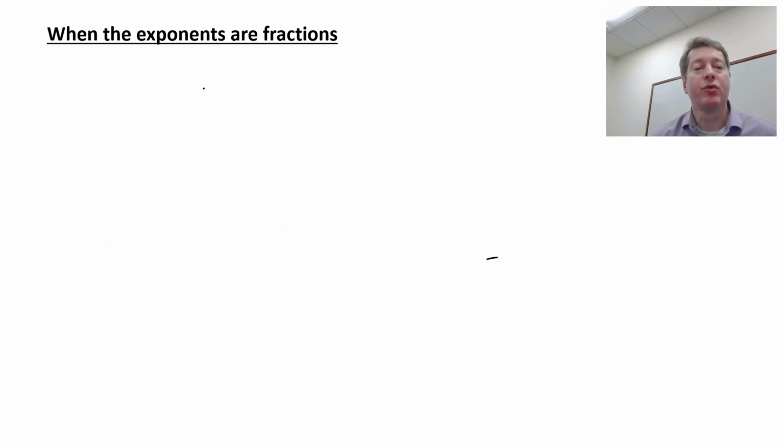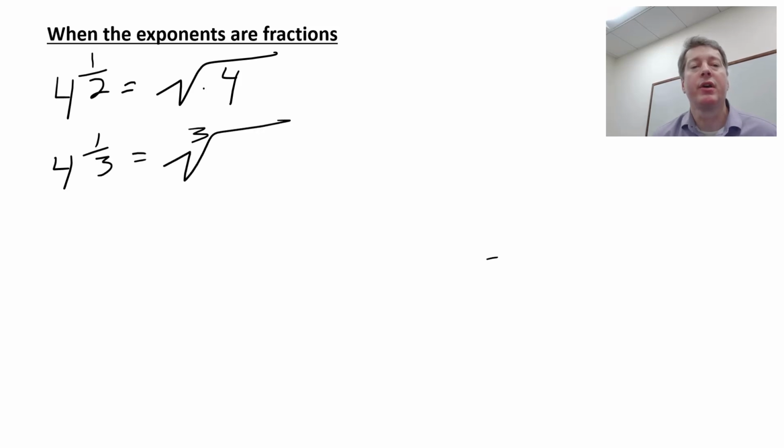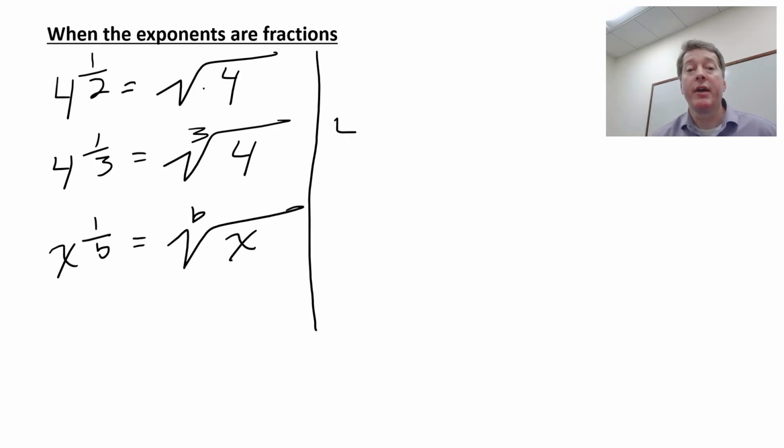Let's apply some general rules here. We said 4 to the 1/2 is what? The square root of 4. 4 to the 1/3 is the cube root of 4. You put the 3 inside that little divot, the cube root of 4. So x to the 1 over b is, you would say, the b root of x. Suppose I have 4 to the 2/3.